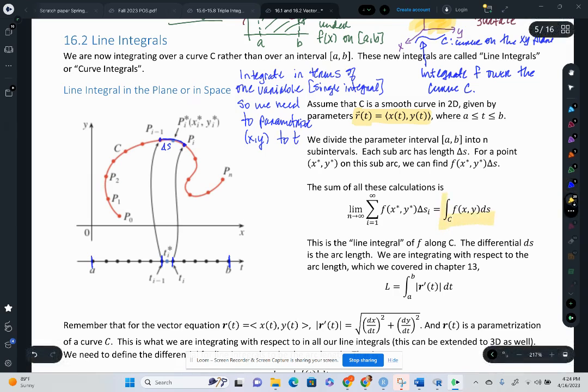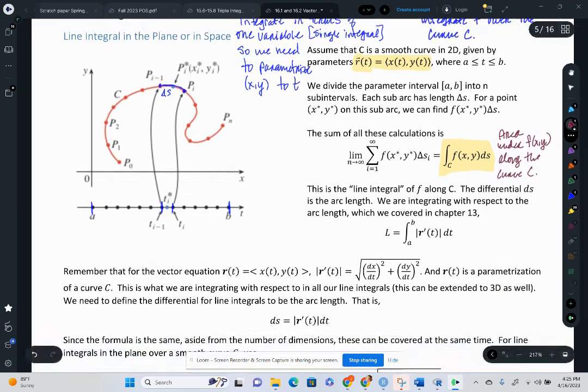And what we get is this integral right here, the integral over C of f of x, y ds. And what this is, it's the area under f of x, y along the curve C. Okay, now ds, let's see what that is.